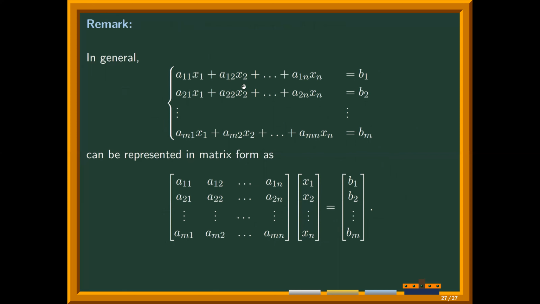If we have a system with m equations and n variables, x1, x2 to xn, we can always write this system as a matrix equation in this form, wherein on one side we have an m-vector consisting of the constants, and on the other side we have a matrix product of an m by n matrix and an n-vector. The n-vector consists of the variables as entries, while the m by n matrix, which occurs as a left factor, consists of the coefficients as entries.